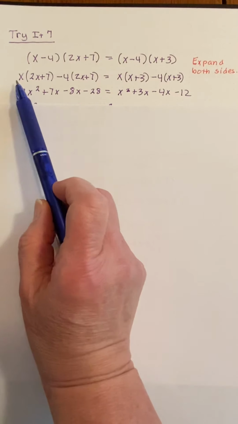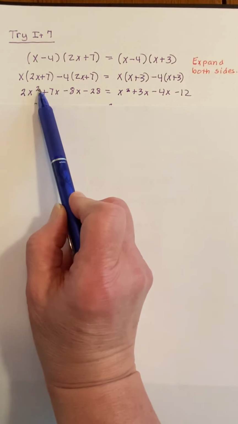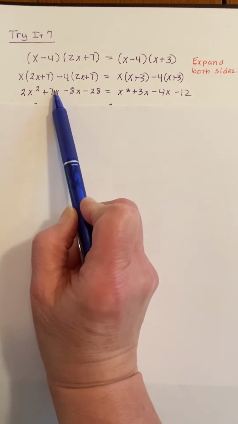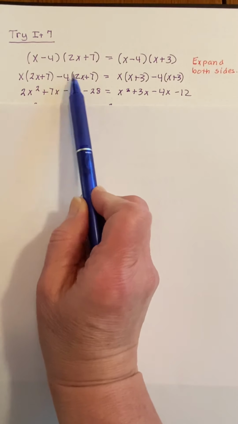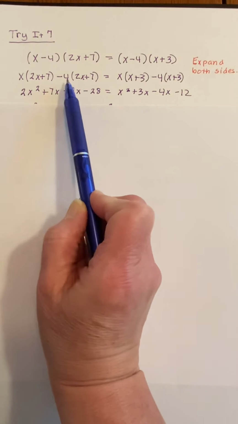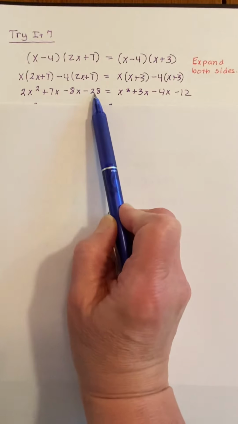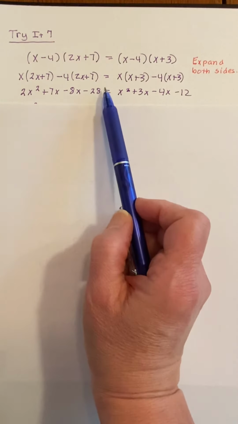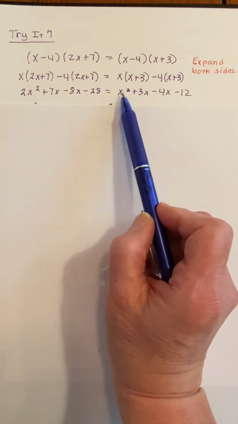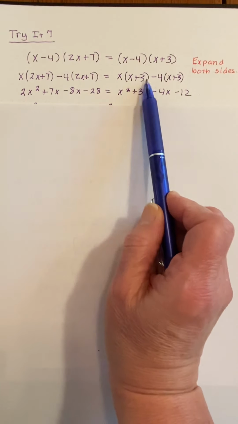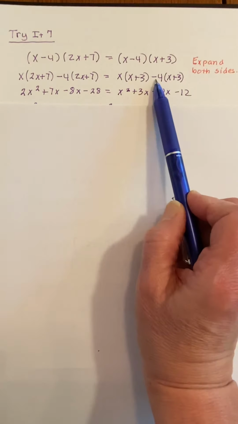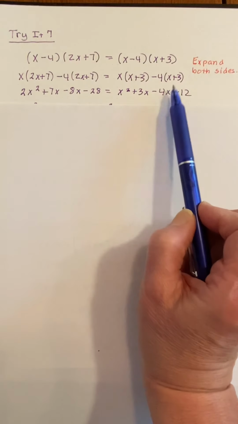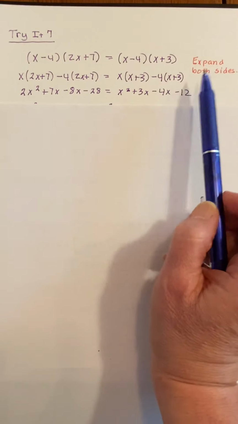That leaves me here 2x squared plus 7x minus 8x minus 28, working with positives and negatives, equals x squared plus 3x negative 4x negative 12.